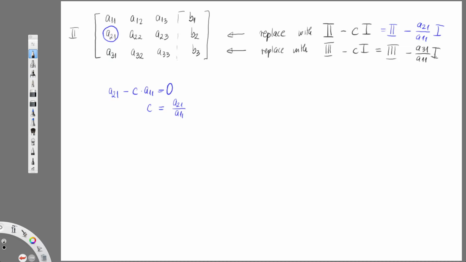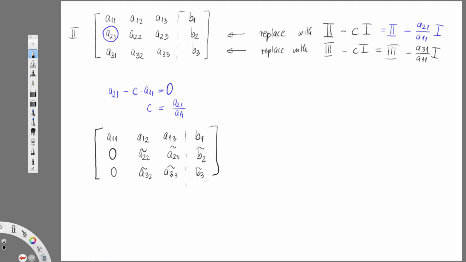So let's say I do that. Then I have A11, A12, A13, B1, and a 0 here. I just have a new coefficient that I don't want to calculate, so I'm going to call it A22 tilde, A23 tilde, B2 tilde, and 0, A32 tilde, A33 tilde, B3 tilde.